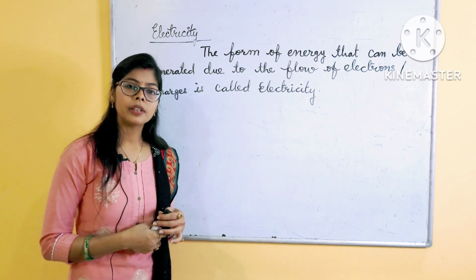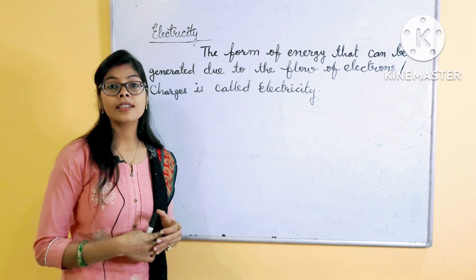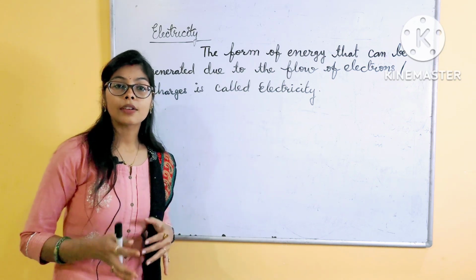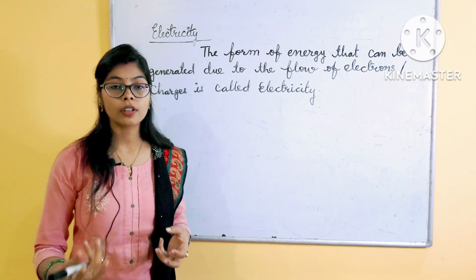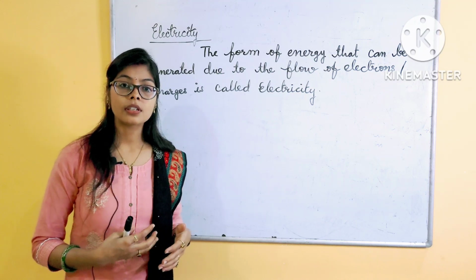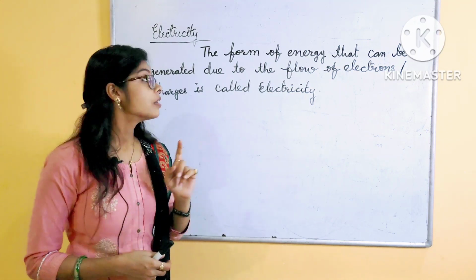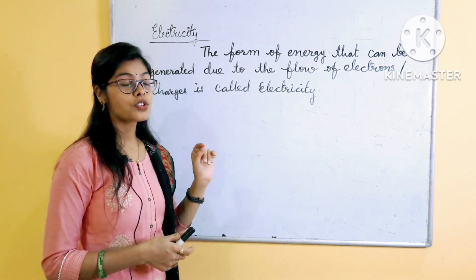We are very much familiar with this word electricity because we use a lot of devices that run on electricity. Like we run machines, we glow the bulb, we switch on the fan, and for many more devices we use electricity to run them. This is a form of energy that can be generated due to the flow of electrons or charges.